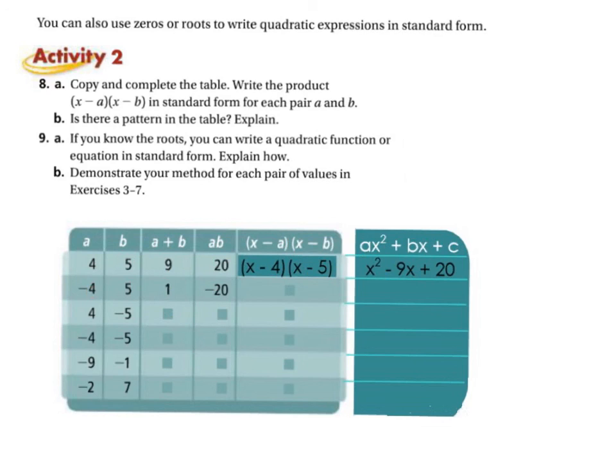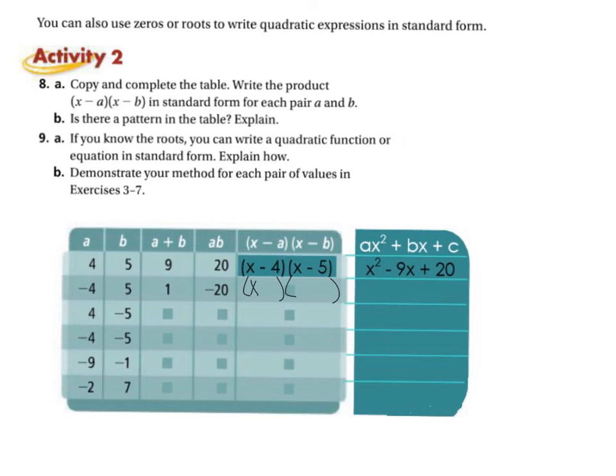Okay, so for the second one, it's already been started. Negative 4 and then 5. So we did negative 4 plus 5 to get 1. Negative 4 times 5 to get negative 20. So now the next one, you are setting up your two binomials. So it's going to be x minus a.